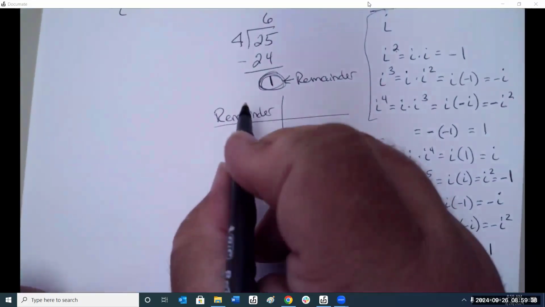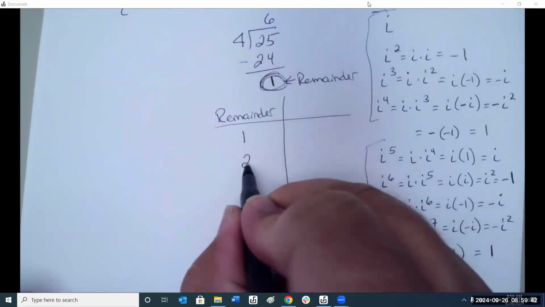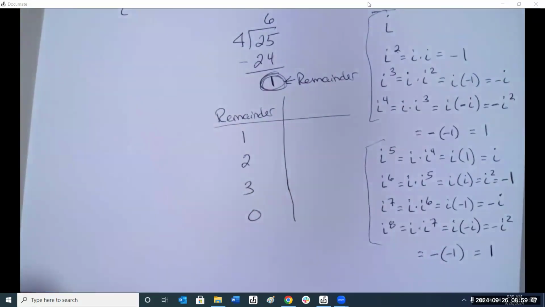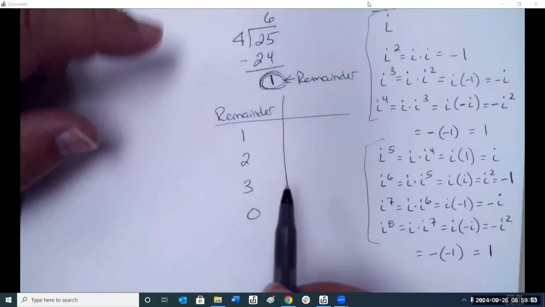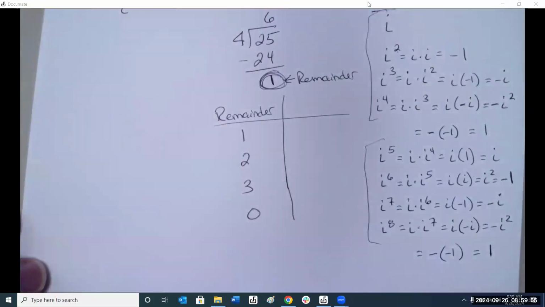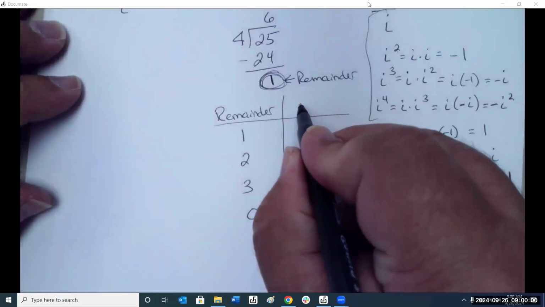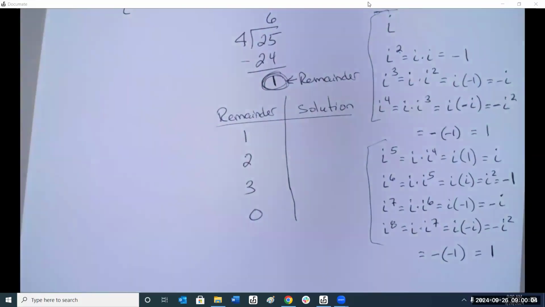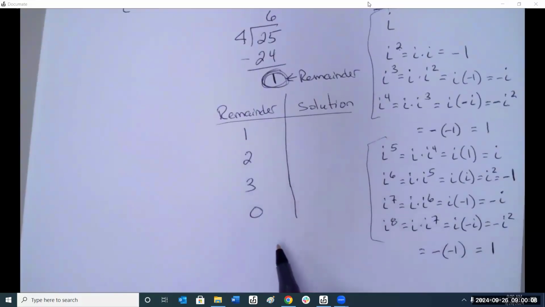The remainder can either be 1, 2, 3, or 0. Because if it has a remainder of 4, remember 4 goes into 4, so it's got no remainder. So again, divide the exponent by 4, find the remainder.